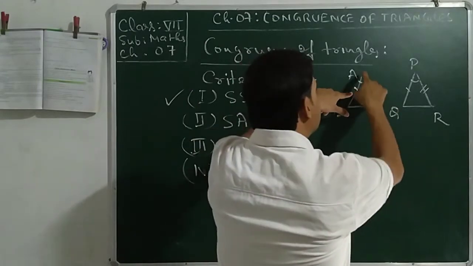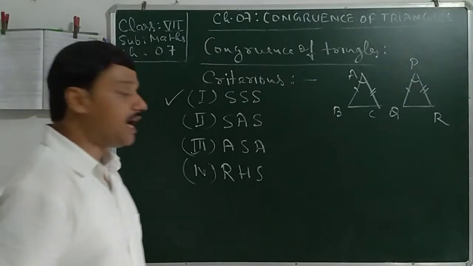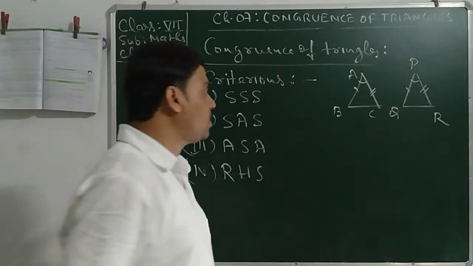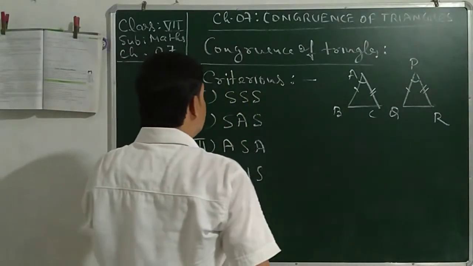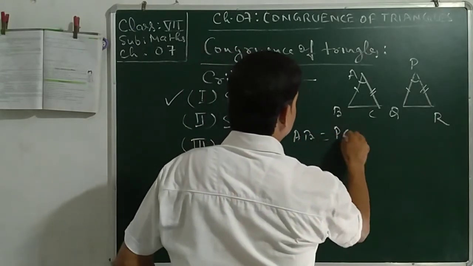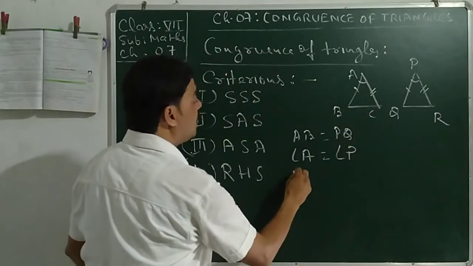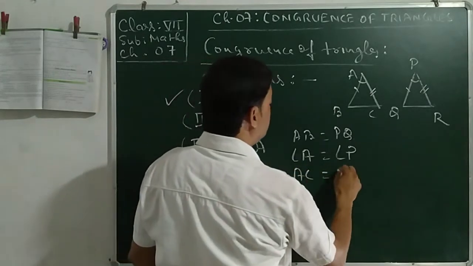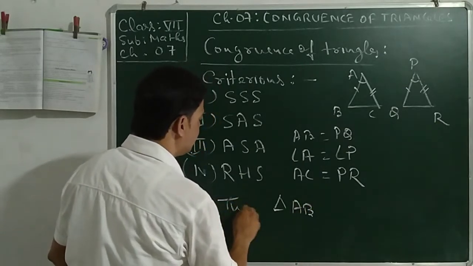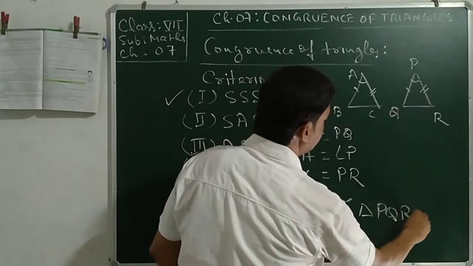If these two sides and included angle are equal, then only they will be congruent, as corresponding sides and corresponding angles must be equal to be congruent. So according to SAS condition, AB equals PQ, angle A equals angle P and AC equals PR. Then triangle ABC is congruent to triangle PQR.